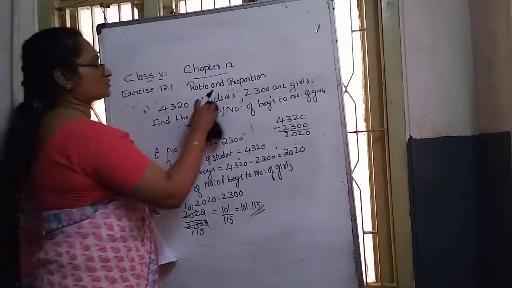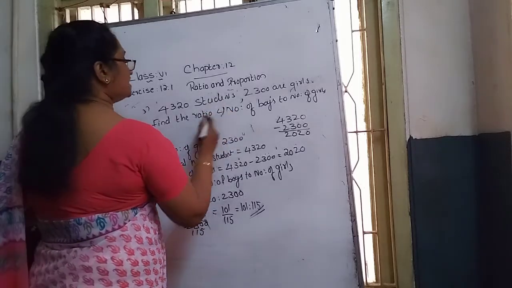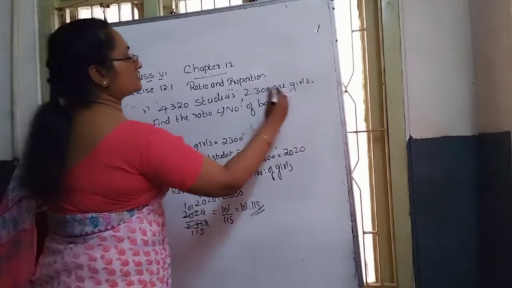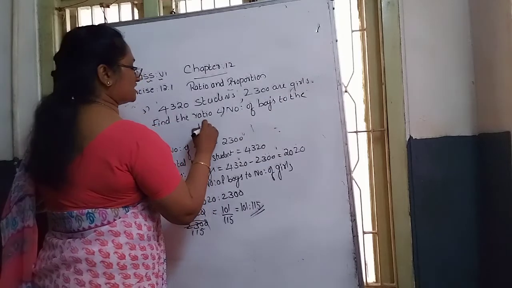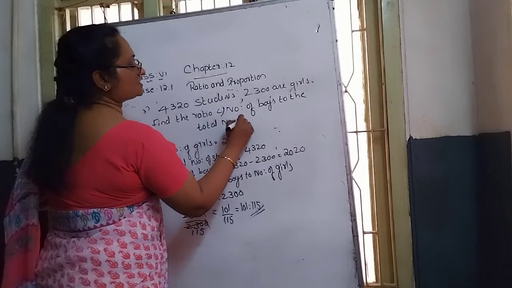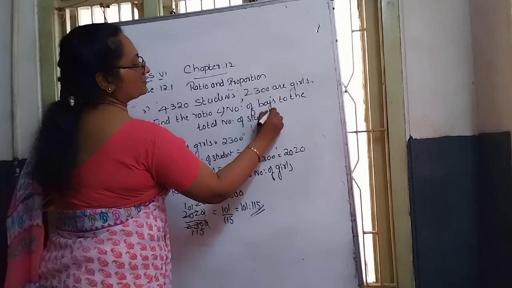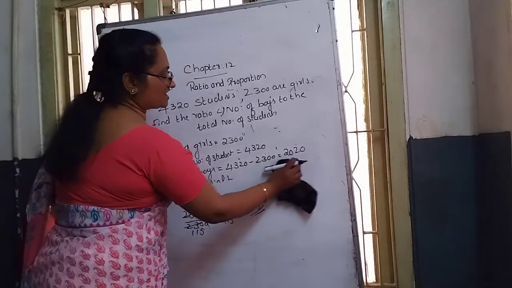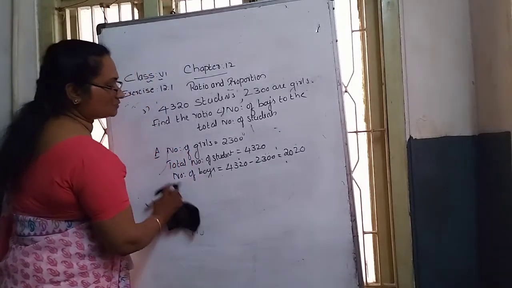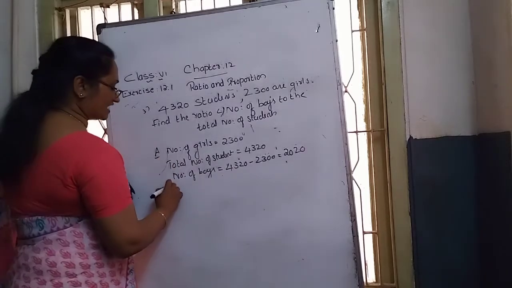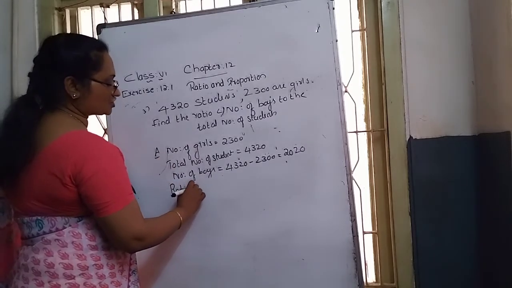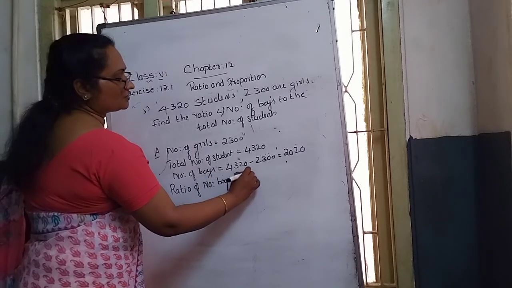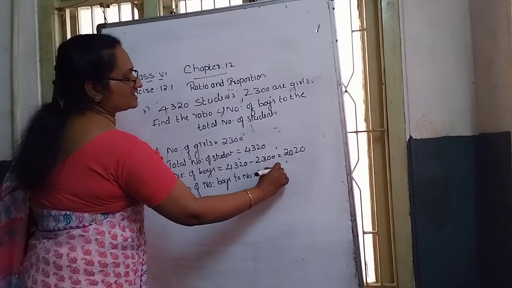Then one more question, the C part: find the ratio of the number of boys to the total number of students in the college. The total number of students is 4,320 and the number of boys is 2,020.